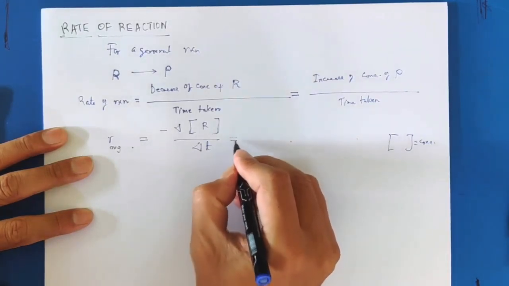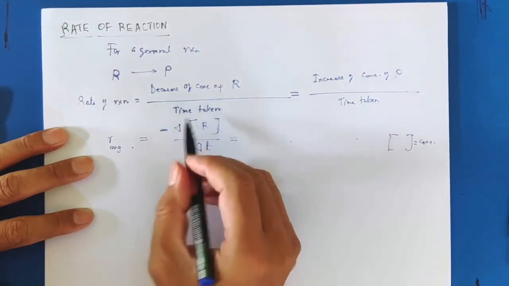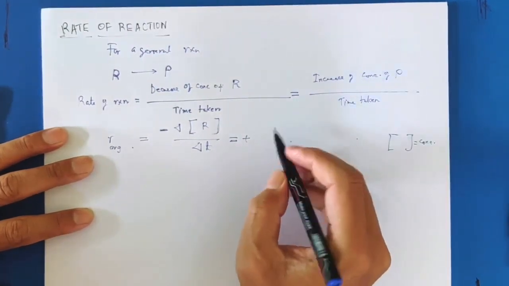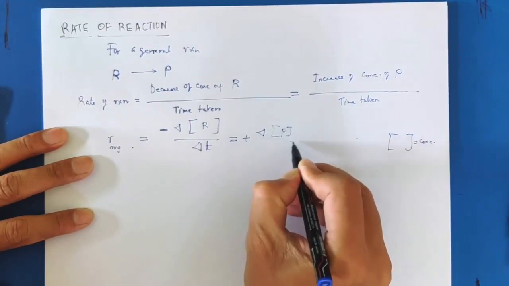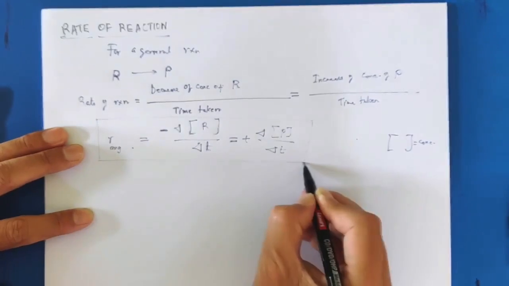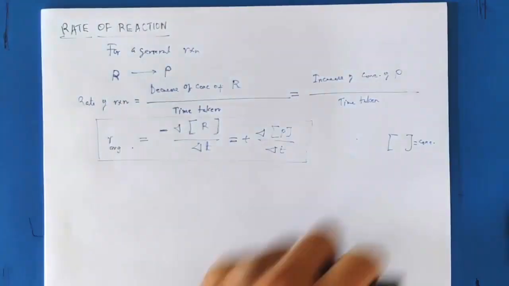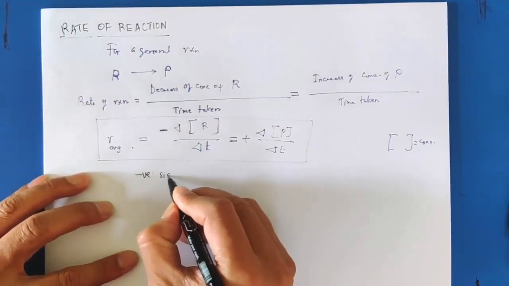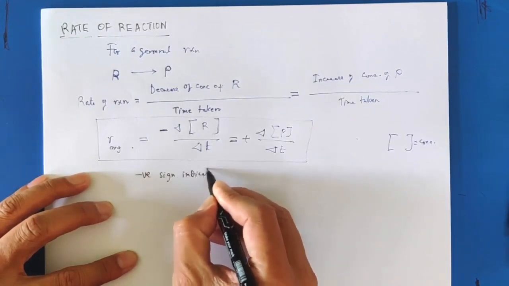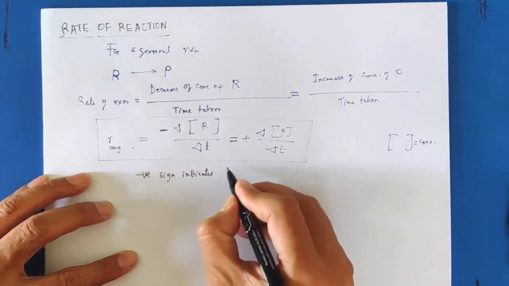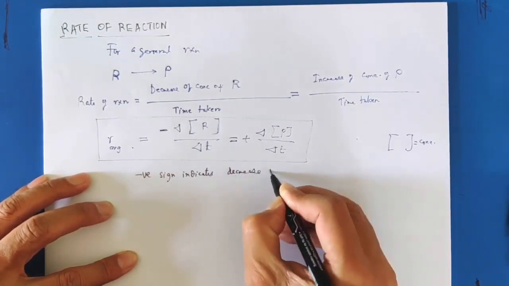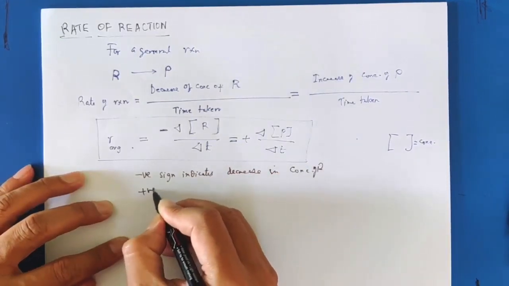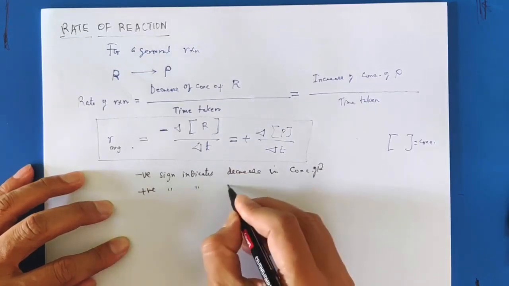The minus sign is there because the concentration of reactants decreases. Similarly, the concentration of product is increasing, so it is plus delta P divided by delta t. So the negative sign indicates a decrease in the concentration of R, and the positive sign indicates an increase in the concentration of product.